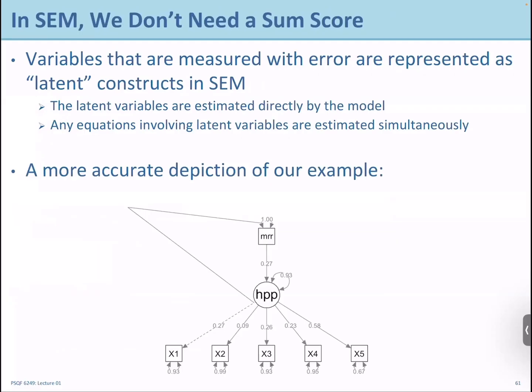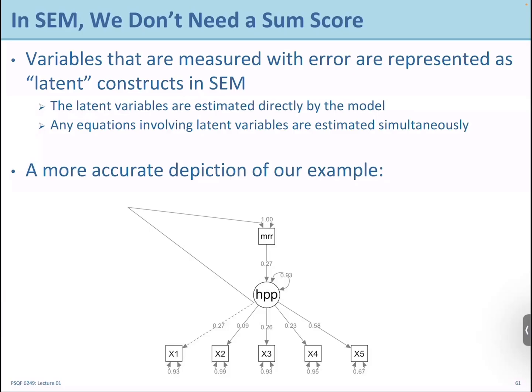In structural equation modeling, this is a little bit what we want to get to. We don't need the sum score. So this bottom part that you see right here is a path diagram depicting a confirmatory factor analysis model where happiness is the latent variable, the circle. These are the 5 observed questions that we asked the person.